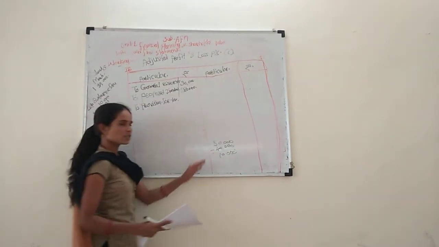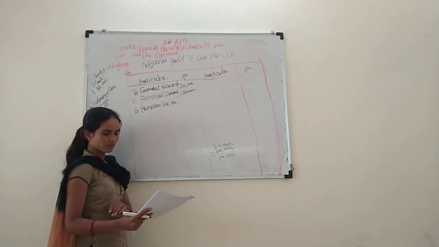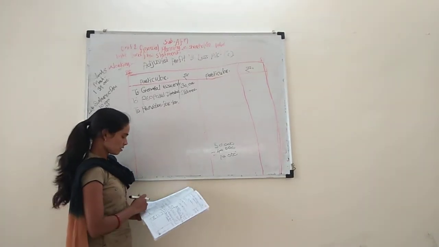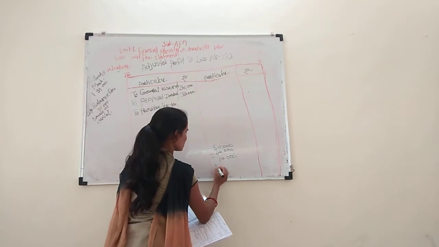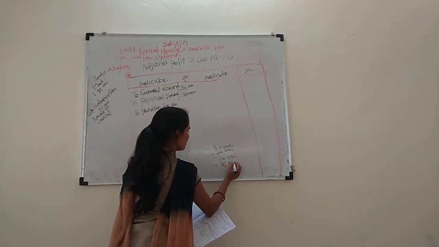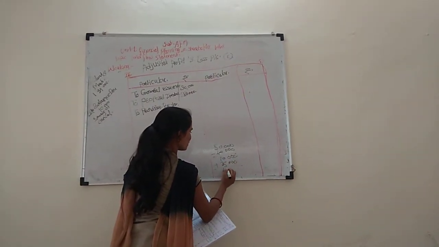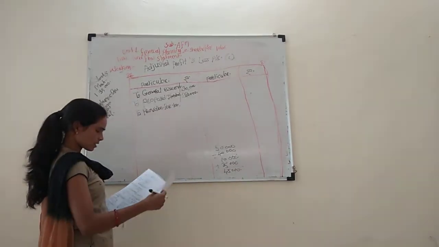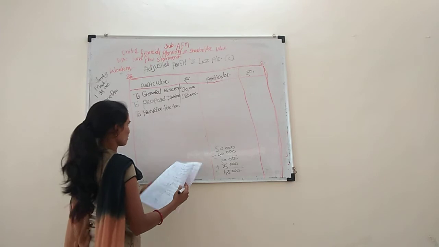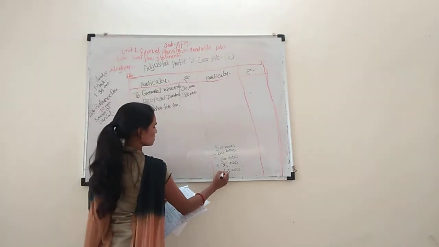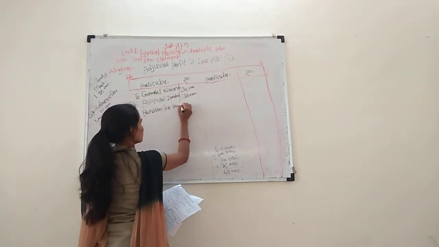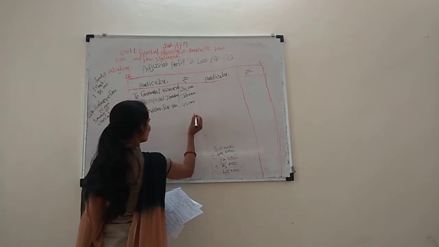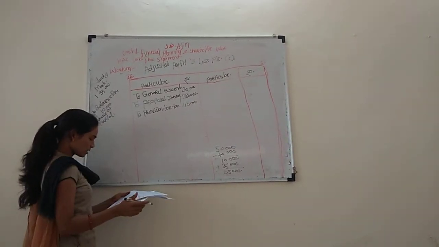And additional information is 35,000 has been paid during the year. 10,000 plus 35,000 paid is equal to 45,000. This is the provision for taxation, 45,000.